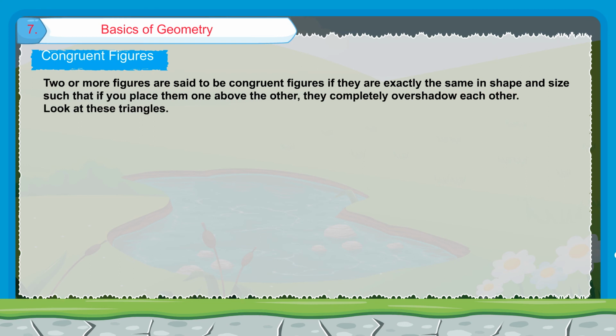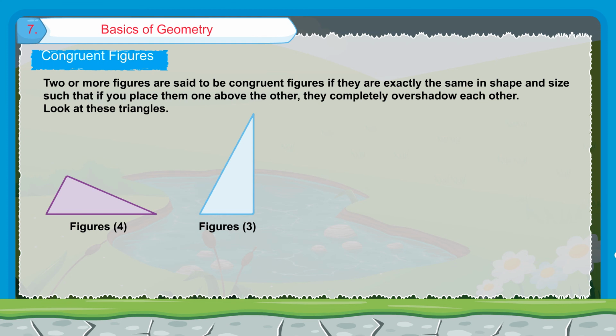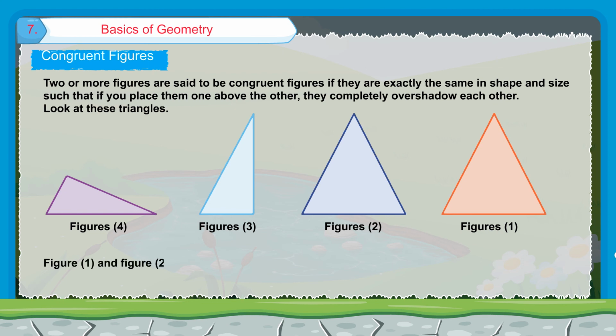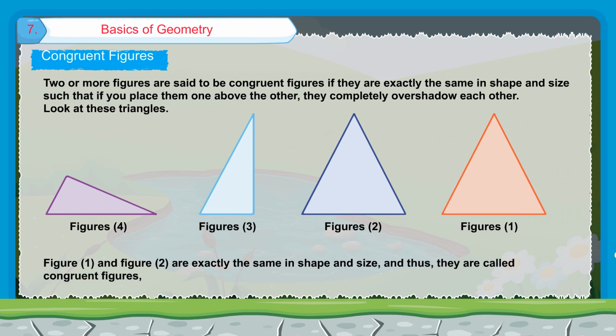Look at these triangles: figure 4, figure 3, figure 2, figure 1. Figure 1 and figure 2 are exactly the same in shape and size, and thus they are called congruent figures, while figure 3 and figure 4 do not match with figure 1 and figure 2.